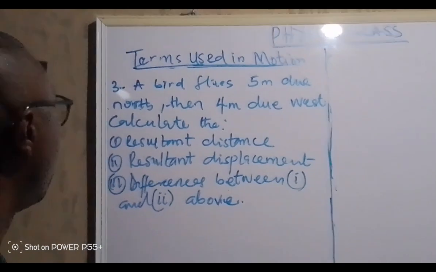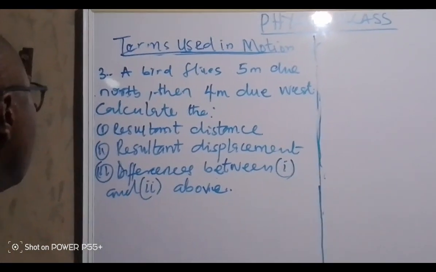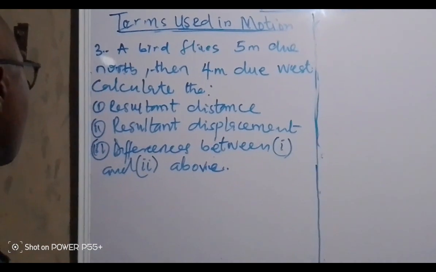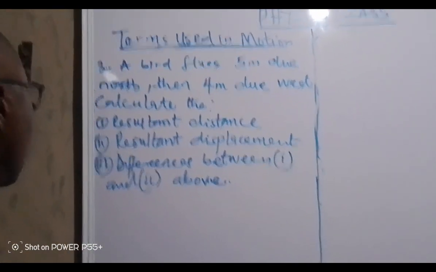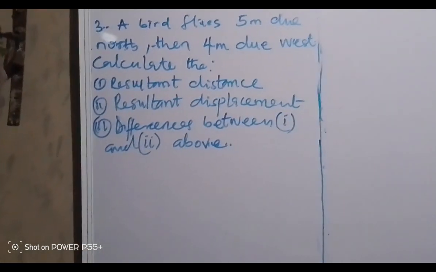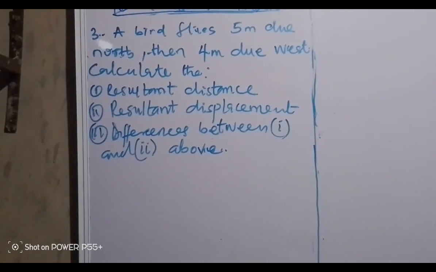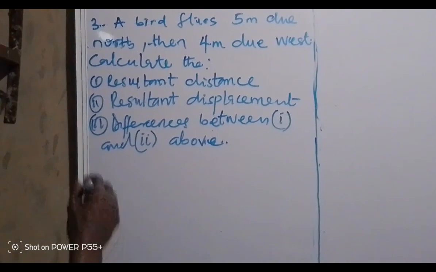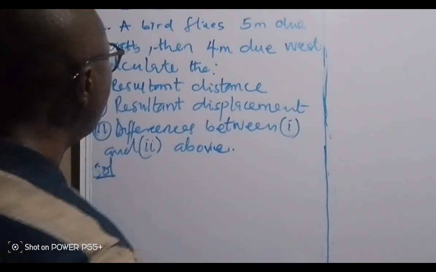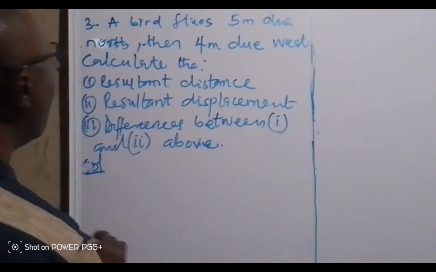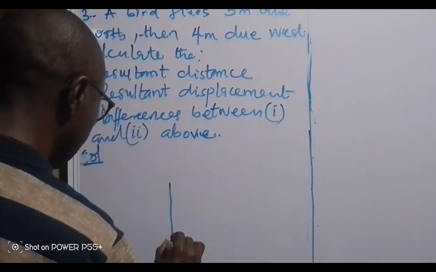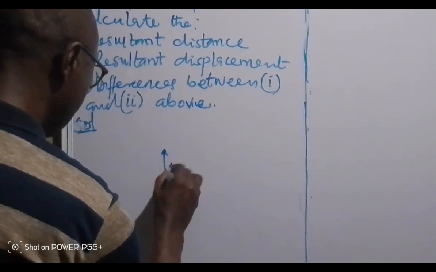Let's take this one as example 3. The bird flies 5 meter due north, then 4 meter due west. Calculate the 1. Resultant distance, 2. Resultant displacement, 3. Differences between 1 and 2 above. Solution. This is north direction, 5 meter.